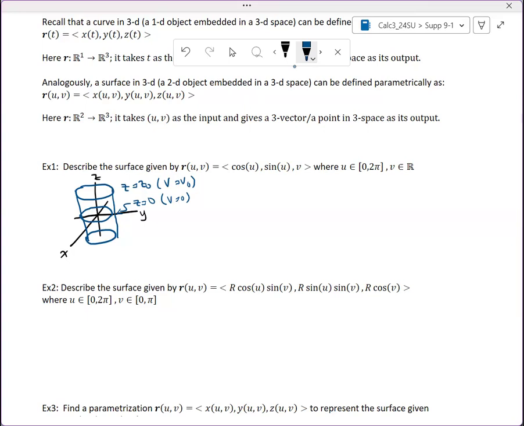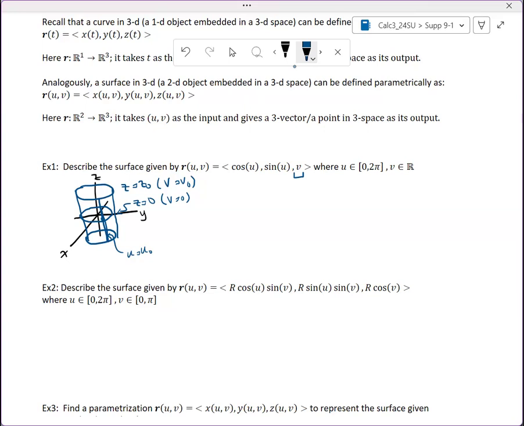And then we also note for a given u, let's say u equals u naught, that picks out a point on this, say, circle in the xy plane, and then we can vary v whatever way we would like. We can vary the height whatever way we would like to get a vertical line parallel to the z-axis.